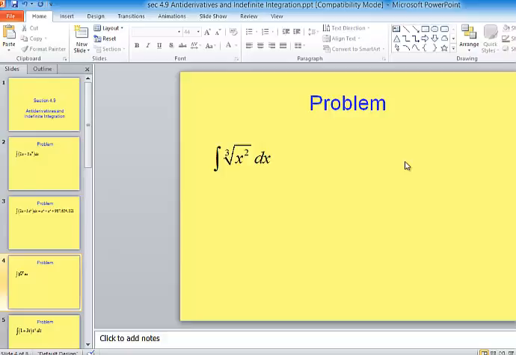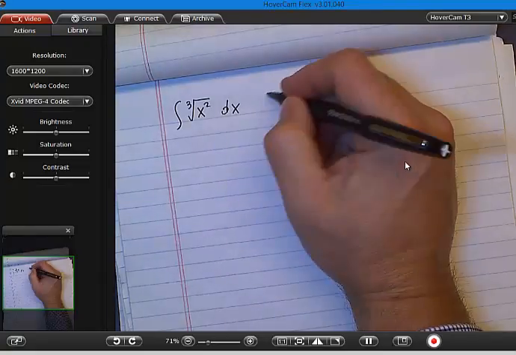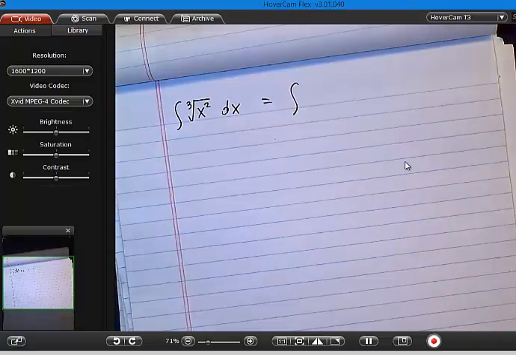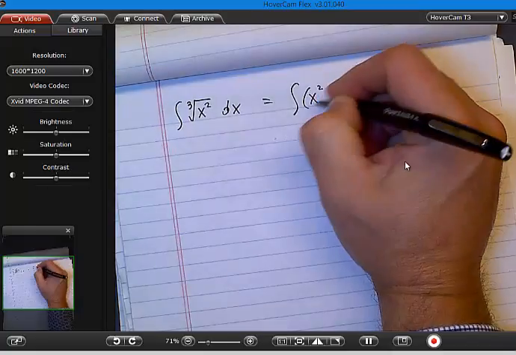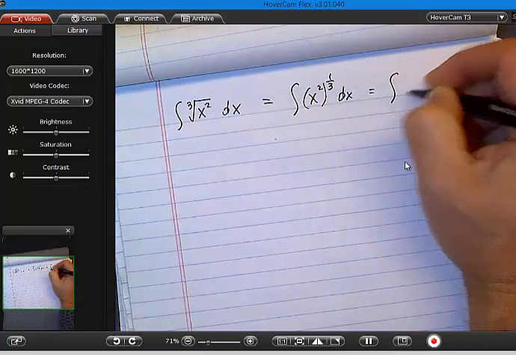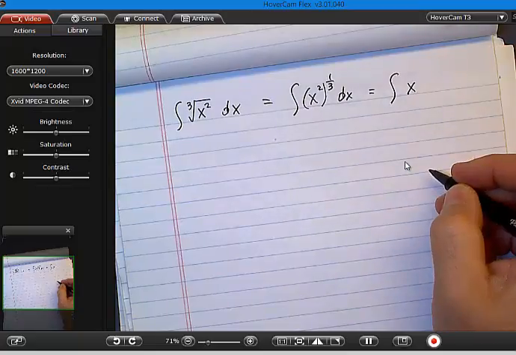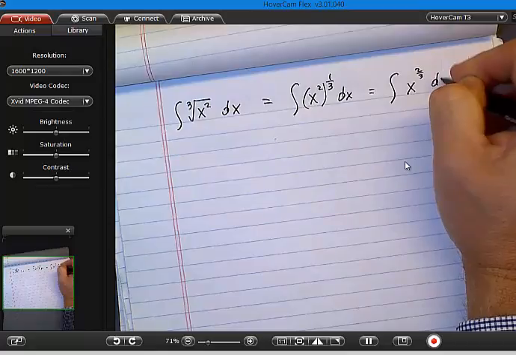Okay? So how do you think I should rewrite this function? x squared to the 1/3 power, sure. Of course, you could simplify that also. We could simply write x to the what? To the 2/3. Okay. All right.